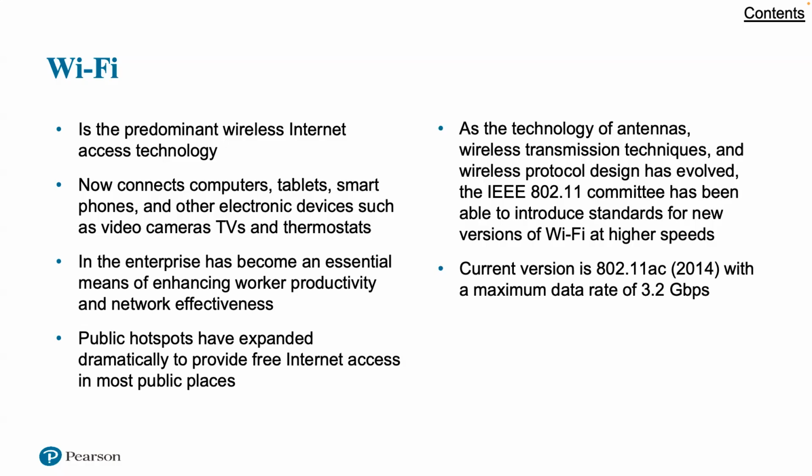So 802.11, 2 megabits per second. 802.11a, 54 megabits per second. That was in 1999. 802.11b, 1999, 11 megabits per second. 802.11n, which was also proposed in 1999, had a data rate of 600 megabits per second. 802.11g, proposed in 2003, had 54 megabits per second. 802.11ad, proposed in 2012, had 6.76 megabits per second.